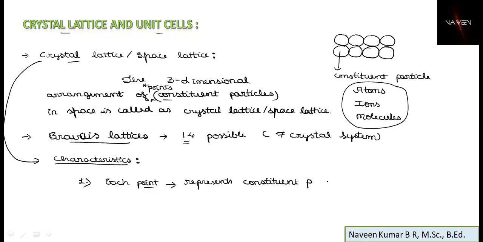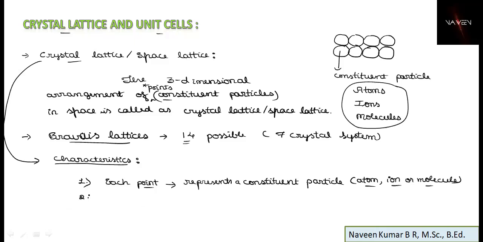So one dot represents one particle. That constituent particle may be an atom, ion or molecule. So each point in a crystal lattice represents a constituent particle.